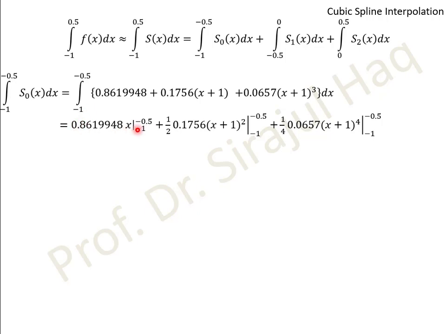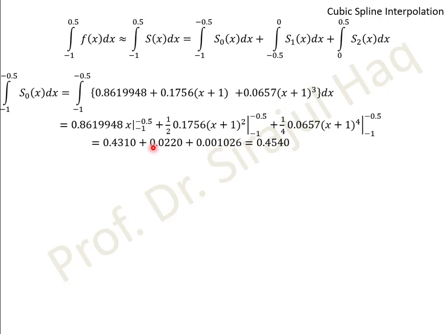minus, replace x by -1. You are getting this value. Similarly, replace x by -0.5 minus, replace x by -1. You are getting this value. And do the calculation. Definitely you have to do the calculation. Replace x by -0.5 minus, replace x by -1.